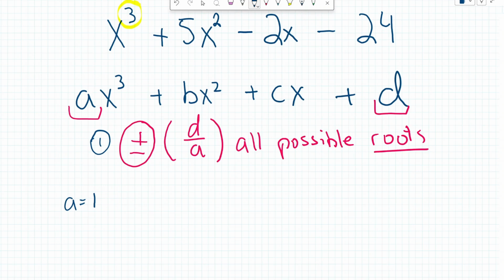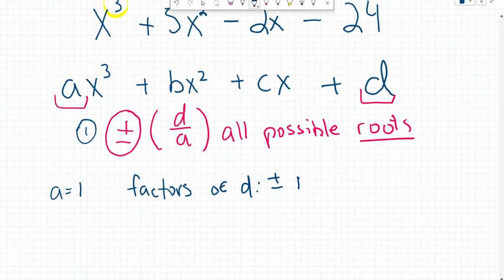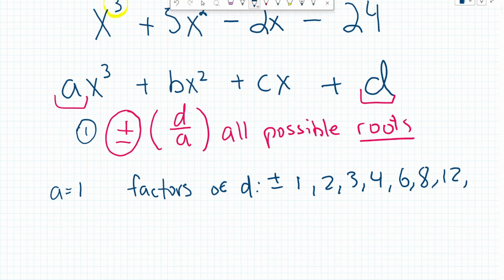So let's now look at all the possible factors for d. We've got plus or minus 1, 2, 3, 4, 6, 8, 12, and 24. Lots of factors to choose from here.